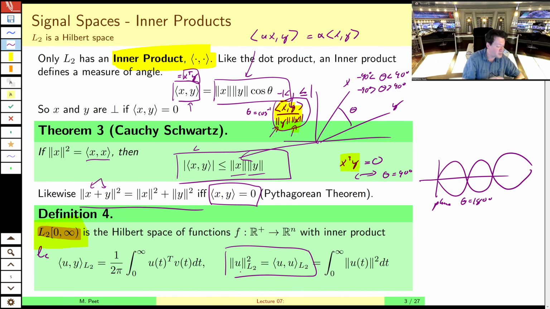And so what is that inner product here? Well, it's fairly obvious what it should be. Instead of the square here, which is the Euclidean norm for vectors, because remember, u of t is a vector. So the value at time t is a vector, and so this is a vector norm here.